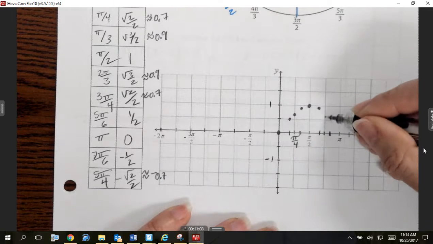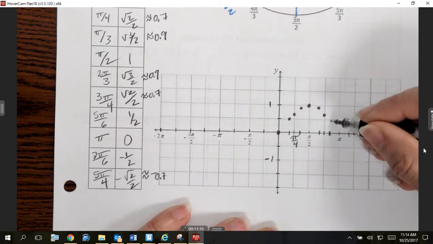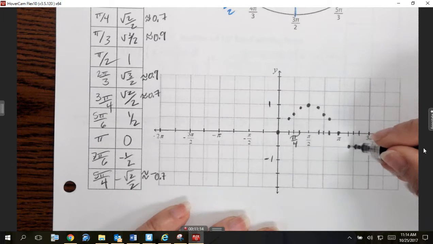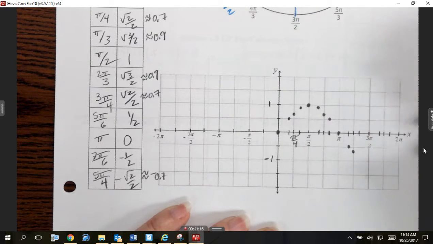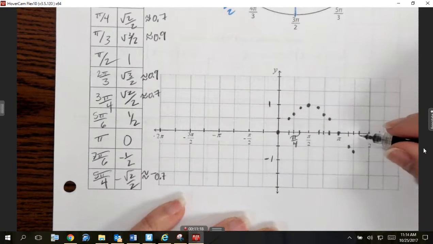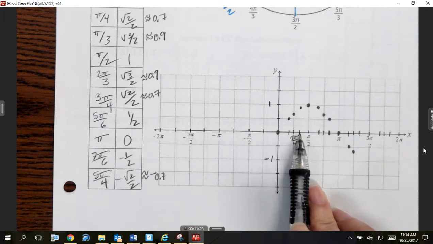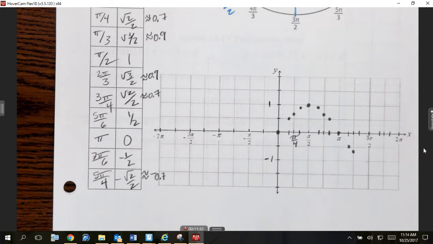And then I'm going to continue the pattern, filling out my table. It's this one right here, where it's closer to the pi over 4 than it is to pi over 2. You see where I'm pointing? I guess I could have made those in different colors.